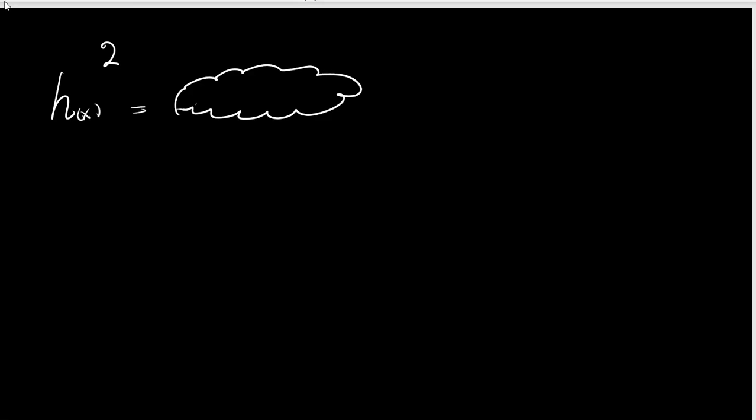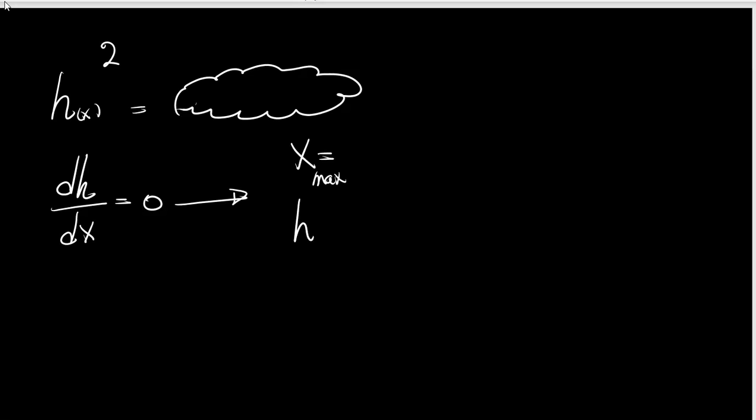Now I just need to solve this equation, the derivative, equal to 0. If I solve for x, I will find x max, and if I plug x max in here, I should be able to find h max. Then it means I can find the groundwater divide position.